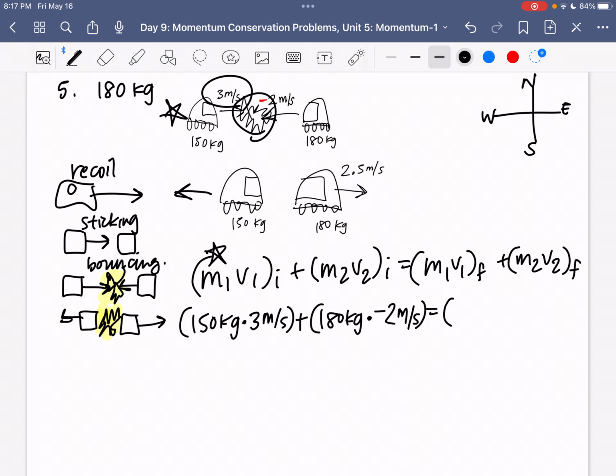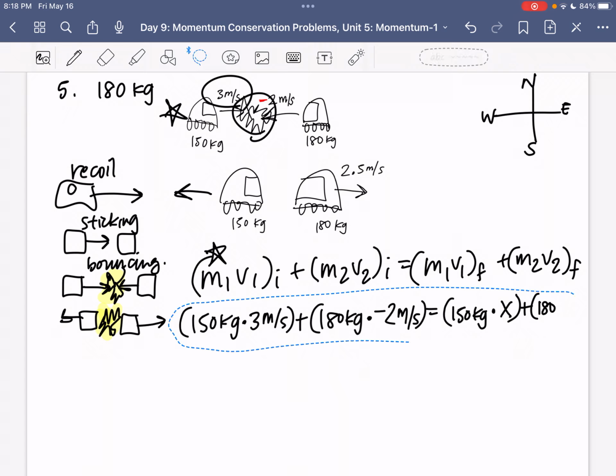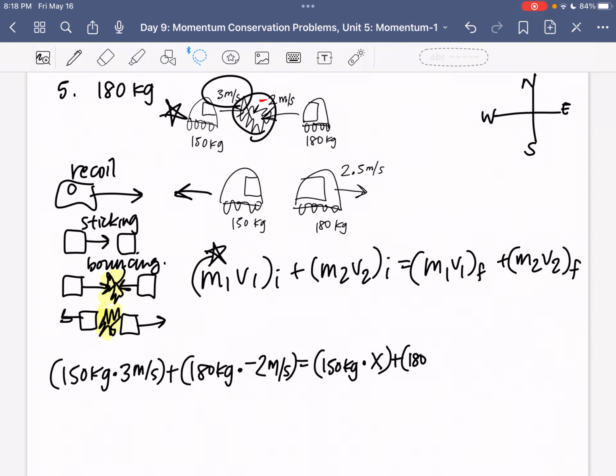equals the mass 1 times x plus 180, I'm running out of space, plus 180 kilograms times 2.5 meters per second. And again, we know that it's positive because they said it's going east.